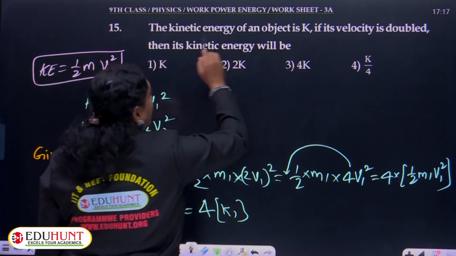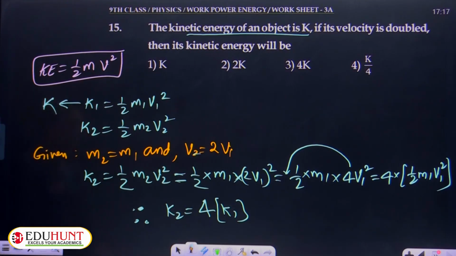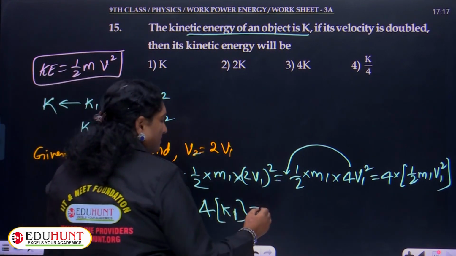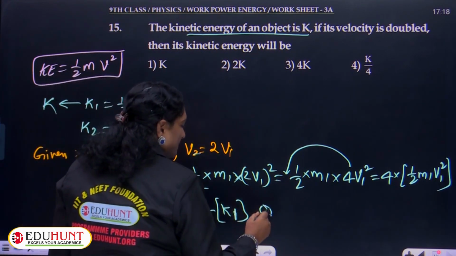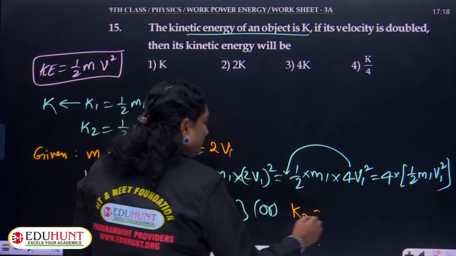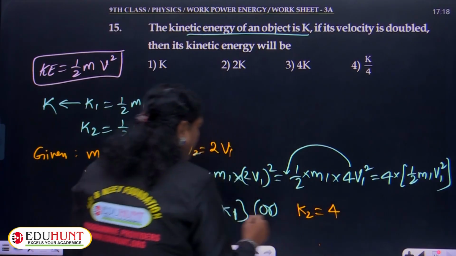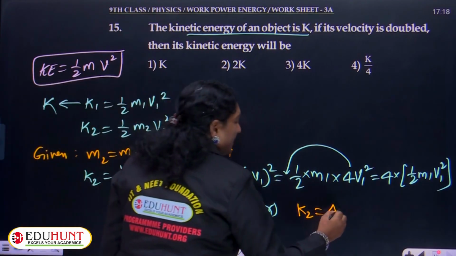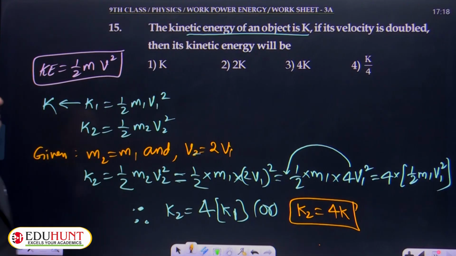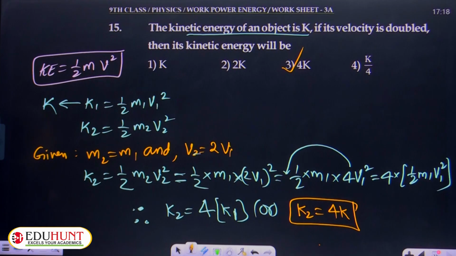But instead of K1, the initial kinetic energy, they named it as K. So we named it K1, but they named it K. Hence K2 can be taken as 4 times K. Therefore, the correct option is that the new K2 equals 4 times the given kinetic energy. So, option 3 must be true.